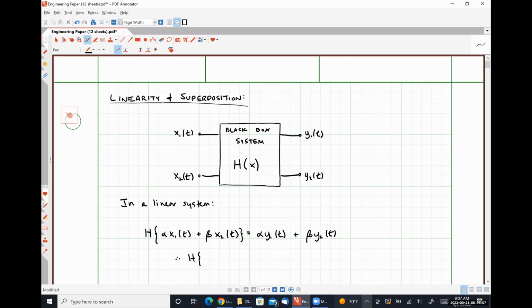H that's acting on our total input gives us our total output. Okay. So effectively, we apply an input signal, doesn't particularly matter if it's current or voltage, to our system. Then our system acts on that input signal to give us some sort of output signal. Okay.